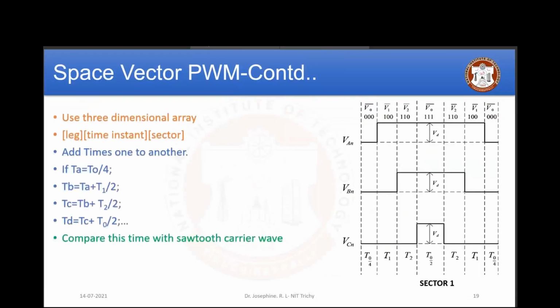For multi-level inverters, these time instances are going to split again. Here you have only two levels, that means 0 and 1. Whereas in multi-level inverters, you have 3 levels. Suppose if it is a 3 level, you have -1, 0 and 1. If it is 5 levels, -2, -1, 0, 1 and 2.